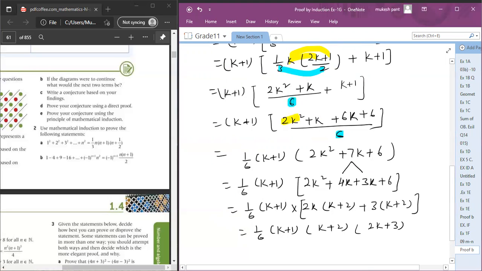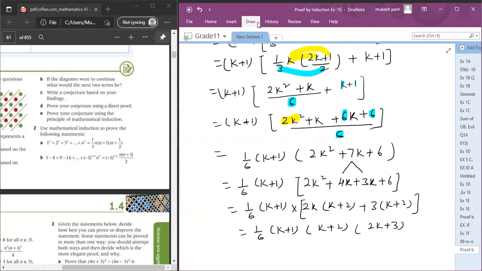Here 6. Now taking LCM 6, 6 will be multiplied here and here, and this way. Is it okay? Yes.